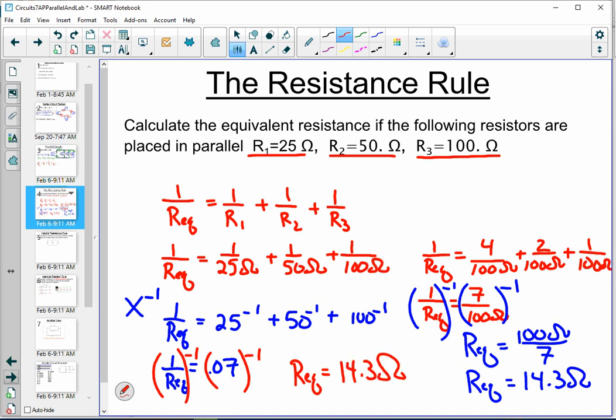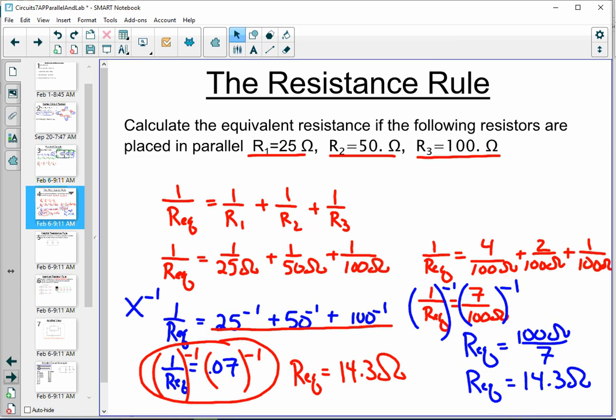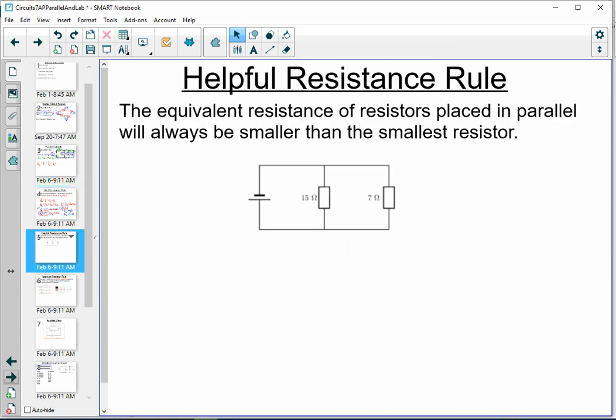It is really important to remember to flip, because if you just calculate the right-hand side and report that as your answer, like the 0.07, you know that's going to be an answer on a multiple choice question. You need to flip it over. A couple of handy rules of thumb.